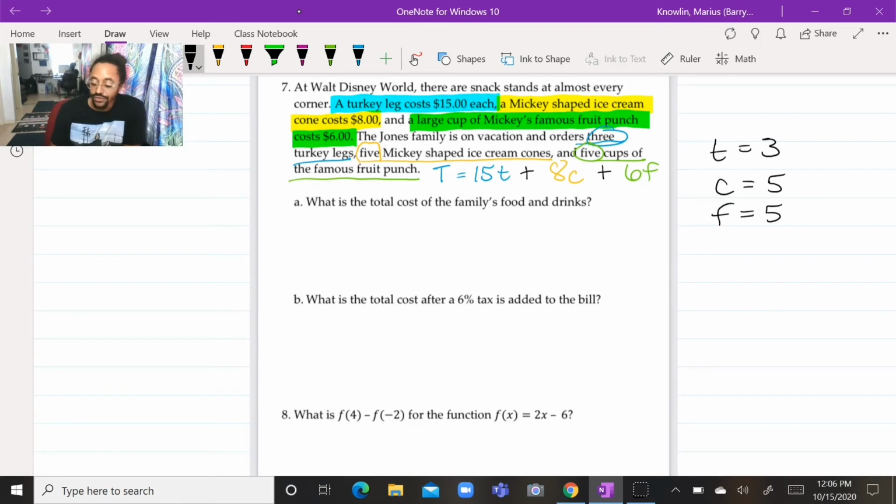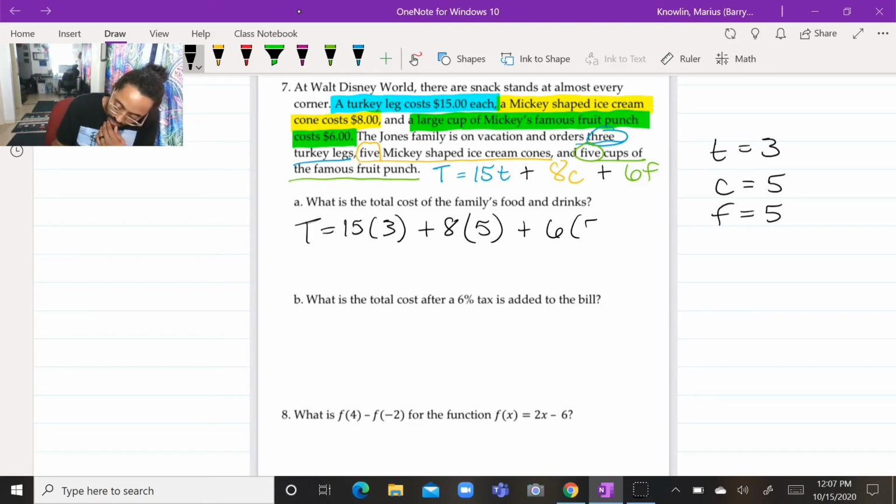Now, in order to figure out our total cost, we want to substitute those values into the function we created. So total cost is equal to 15 times 3 plus 8 times 5 plus 6 times 5.